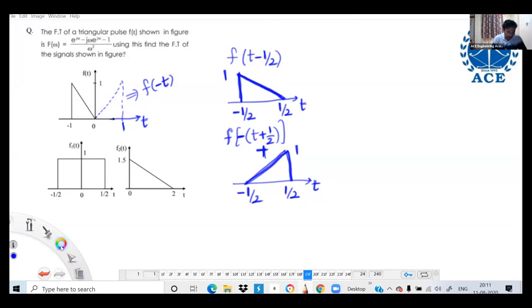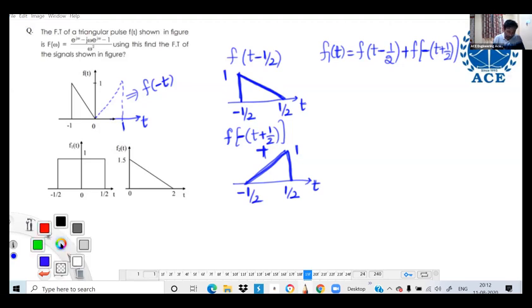So many of you have tried. As the rectangle covers from minus half to half, we get the thought that it must be right and left shifted by 1 by 2 units. So f1 of t equals f of t minus 1 by 2 added to f of minus t left shifted by 1 by 2.